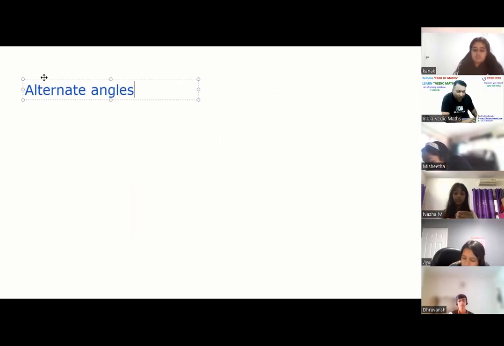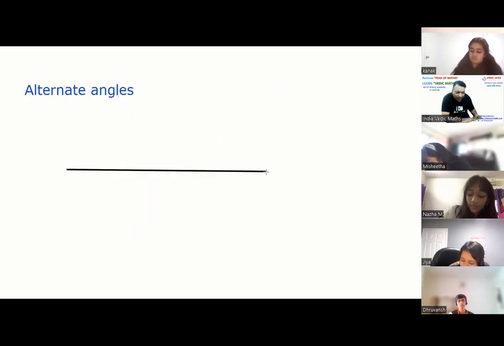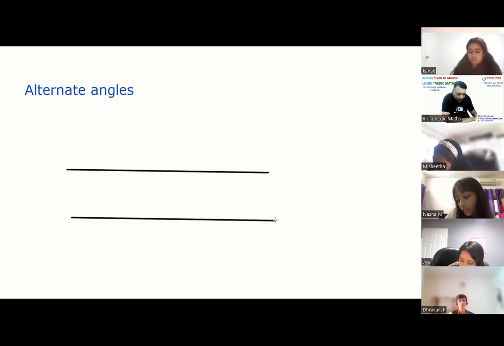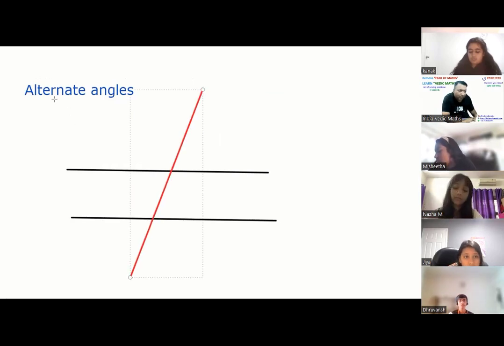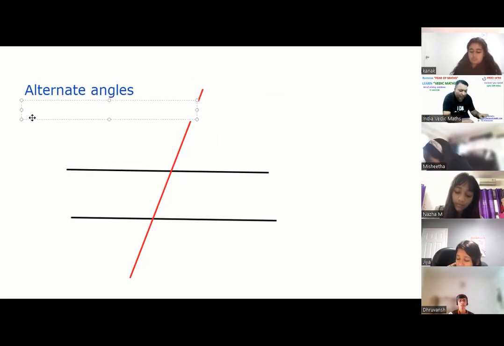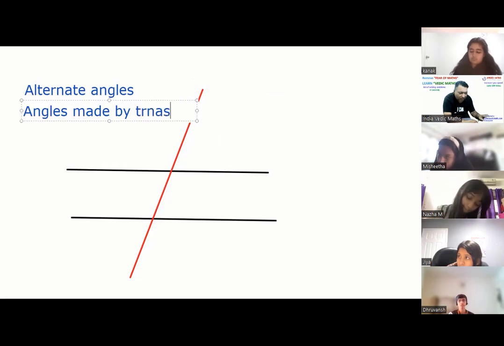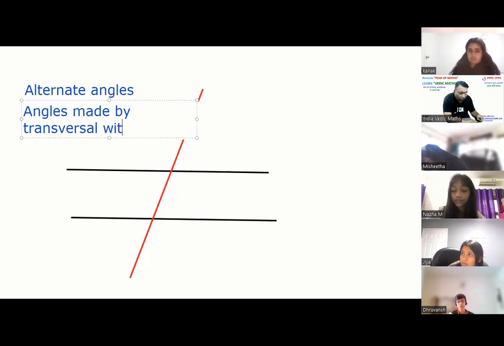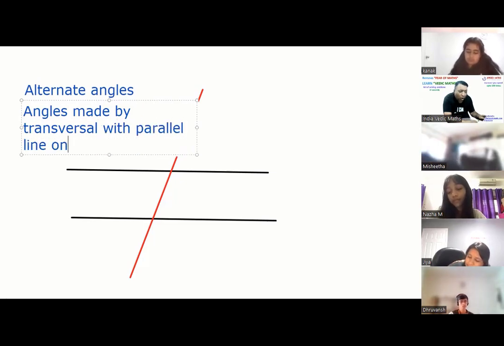This also happens on parallel lines. Say line 1 is parallel to line 2. Let's say the transversal line is this. Alternate angles made by a transversal with parallel lines are on opposite sides.